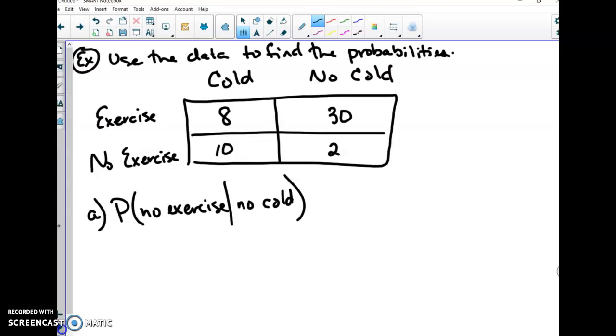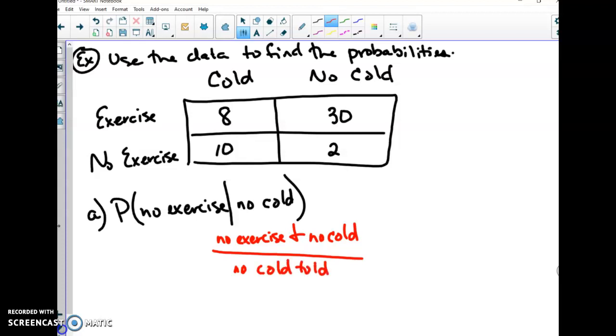What we do to figure this out is we take the no exercise and no cold category, and we divide it by the first category total. Sorry, not the first category total, the second category total.